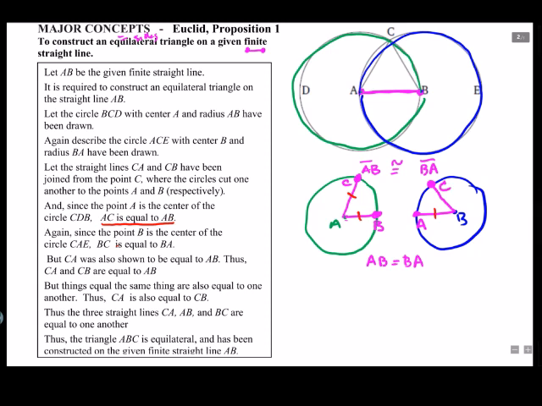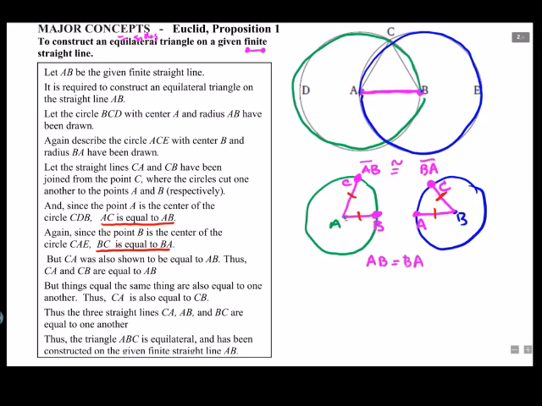And what do I know about circle B here? The radius BA is congruent to radius BC. Length BC is equal to length BA. And I have congruent circles because they have congruent radii. I used segment AB as my radius for both circles.